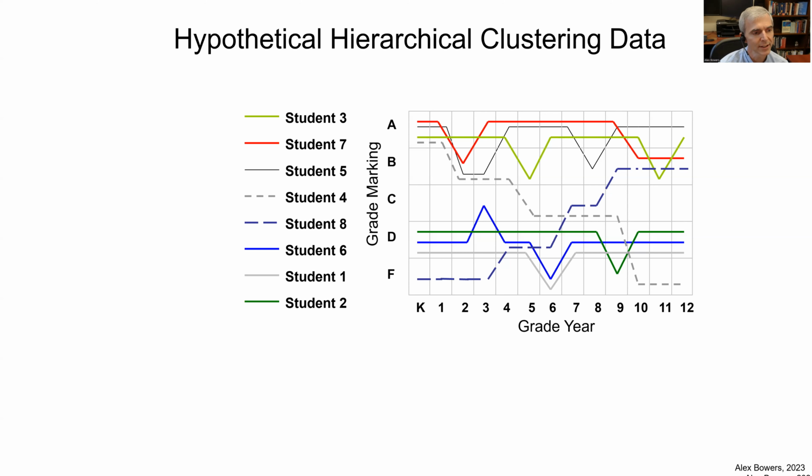And then students 6, 1, 2 are now distal, way down the list, far away from 3, 7, and 5. But students 6, 1, and 2 seem to be their own kind of pattern where they're near the bottom. And then student 4 and student 8 sit between these two sets of patterns, and so they would be in the middle.